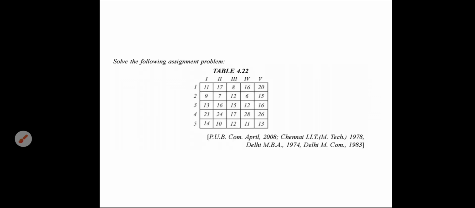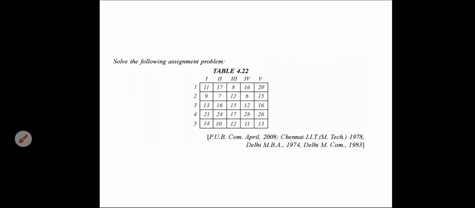Now step 1 becomes reduce the matrix. Subtract the minimum element of each row from all the elements in the same row.